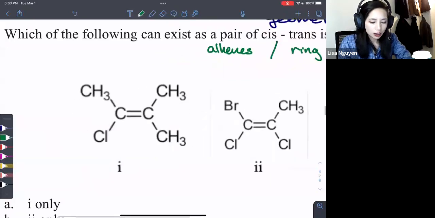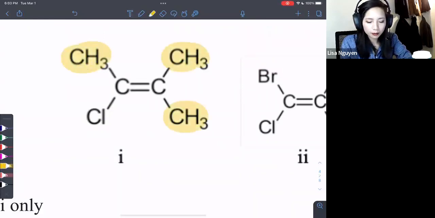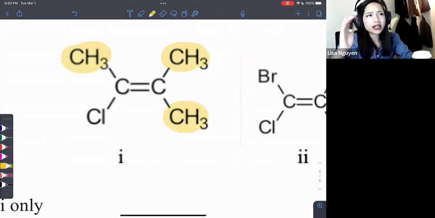All right, so let's look at this molecule. What we want to focus on are the 4 groups around the carbon-carbon double bond. I like to highlight the ones that are the same and inspect them: if I change not the connectivity but flip 2 of these bonds from one another, do we make a new unique molecule?